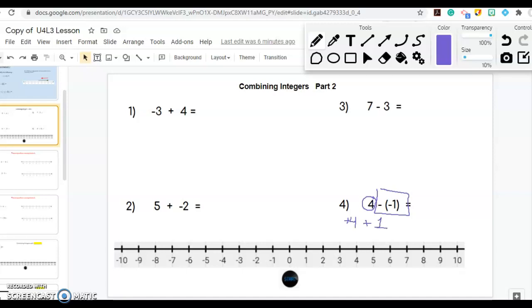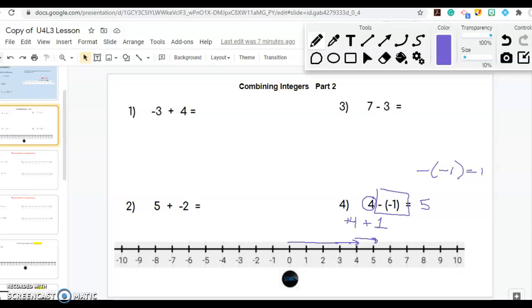So this problem just changed to 4 plus 1. So we're going in the positive direction 4, and then in the positive direction 1 more, and we end up at 5. If you have two negatives next to each other, they end up being a positive, just like this from lesson 1. The opposite of -1 equals +1.